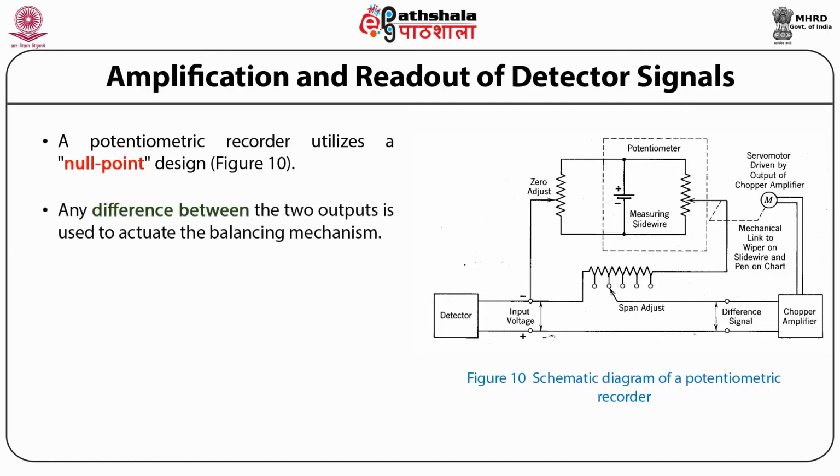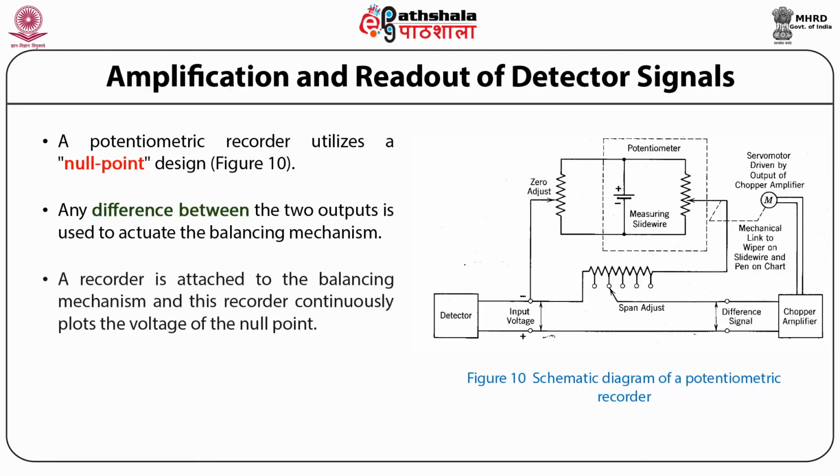Any difference between the two outputs is used to actuate the balancing mechanism. A recorder is attached to the balancing mechanism, and this recorder continuously plots the voltage of the null point. The position of the recorder is analogous to a meter reading.